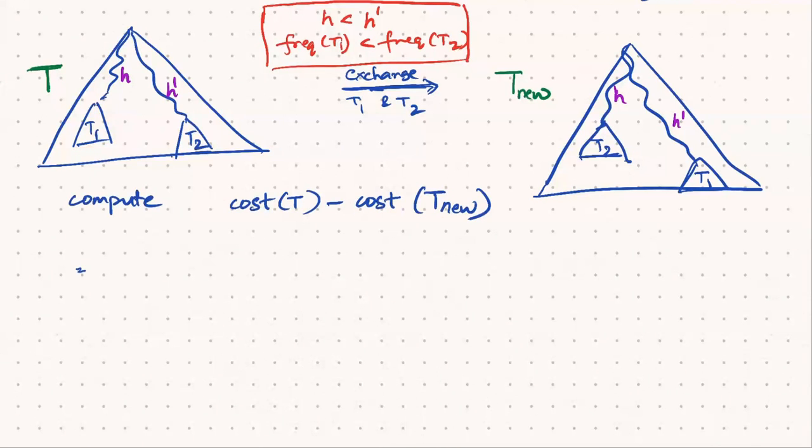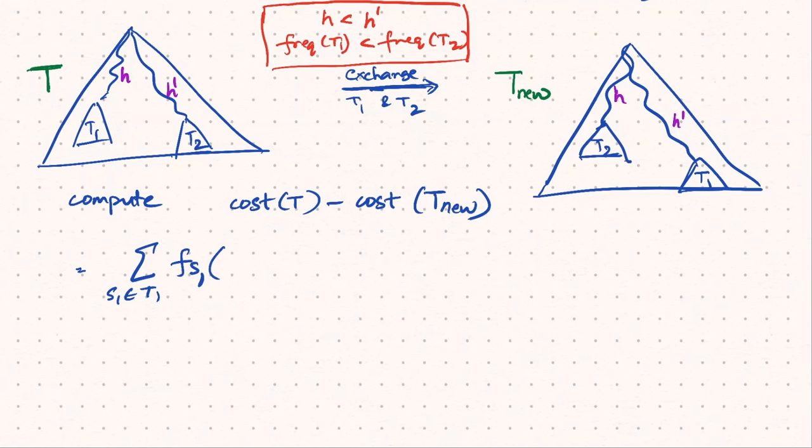Well, let's look first at the cost of T. The contribution of the symbols in T1 is simply, for S1 in T1, the frequency of these symbols times the depth of the symbol in the tree T. Right? So what is that going to be?